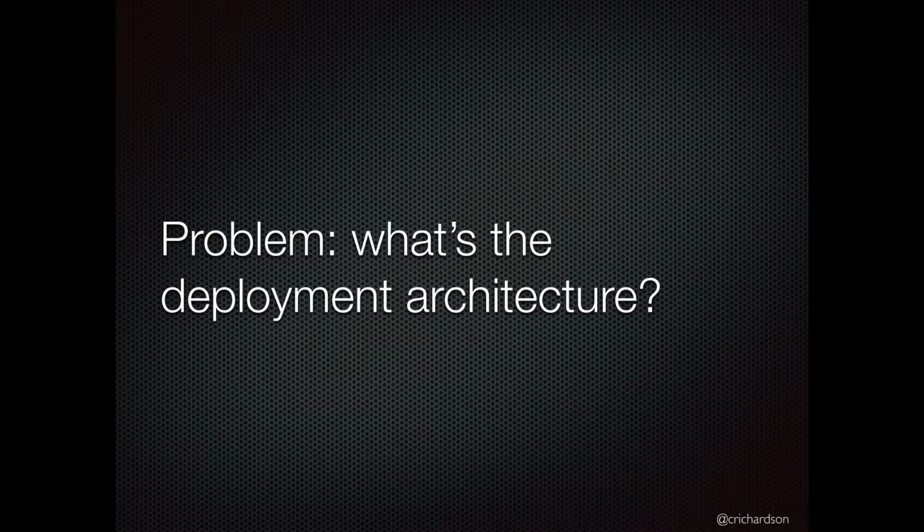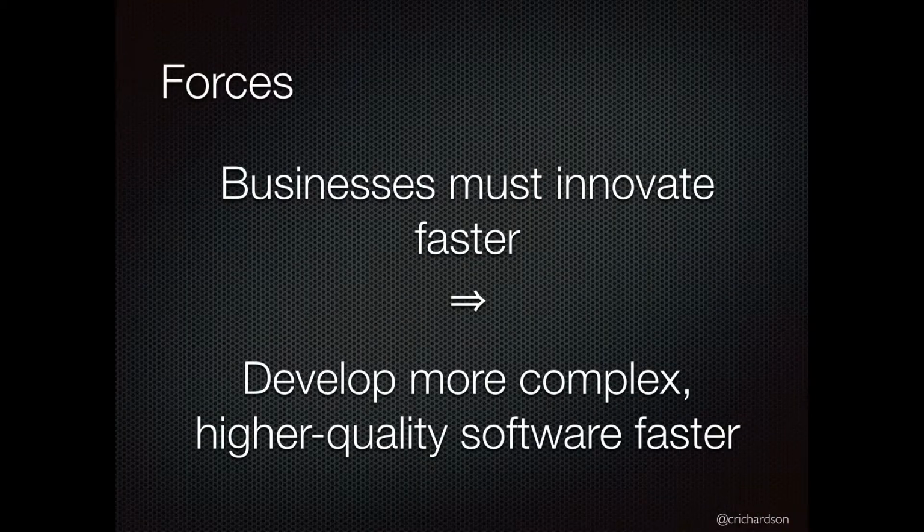So the question is, we've got that nice modular architecture. How are we going to package it up and deploy it? There are various issues that you have to address when you answer this question. And one of the primary drivers today is that businesses need to innovate faster. And what does that mean for us as software developers?